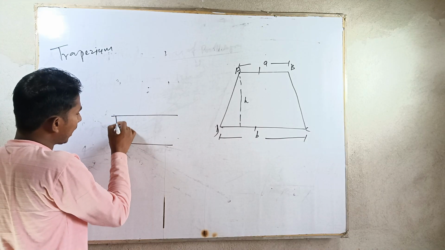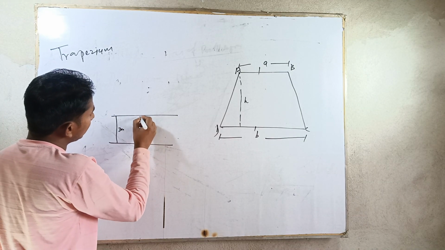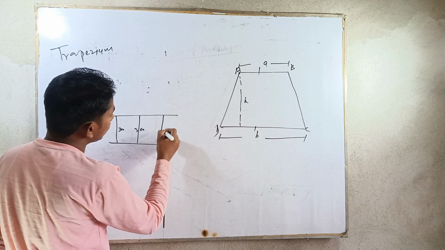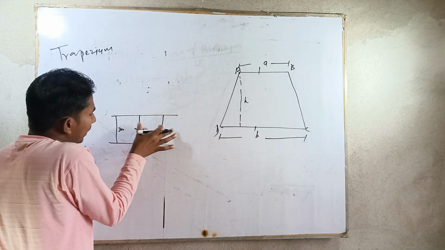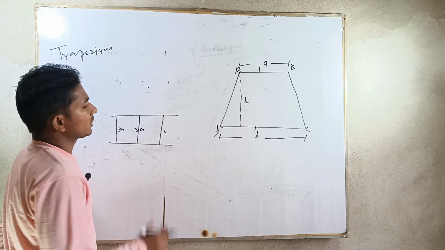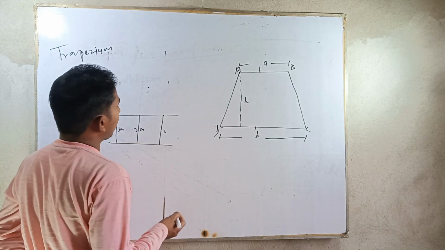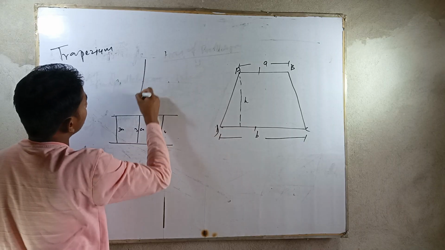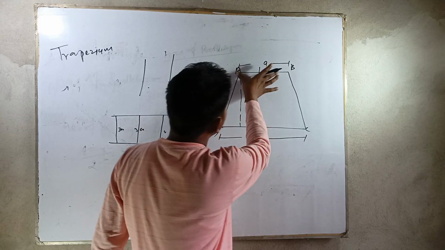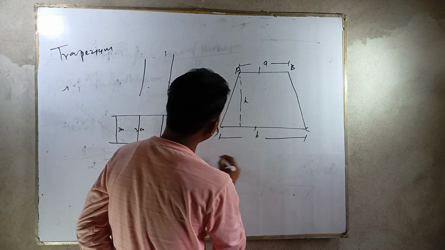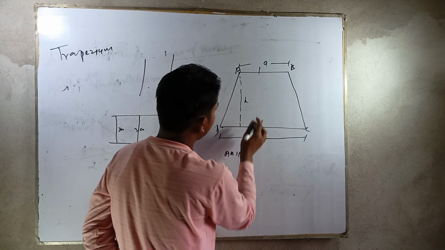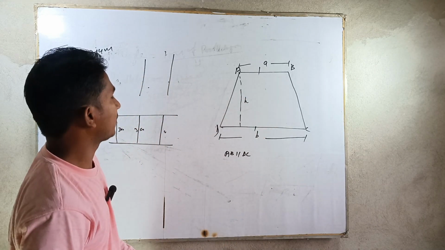Suppose here I measured it is 3 centimeter, then here it will also be 3 centimeter, and here also 3 centimeter. That means in the middle of both lines, every distance should be the same. So this is the meaning of a parallel line. So this line AB is parallel to DC. This is the sign of parallel.